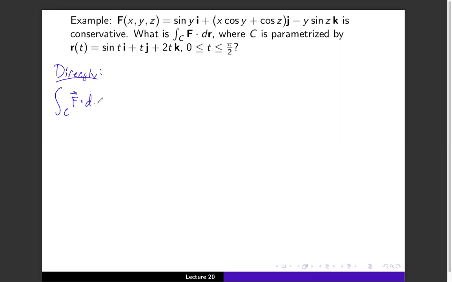F dot dr, after all, is the integral from, in this case, 0 to pi over 2 of f of r of t dotted with r prime of t dt, which in this case would come out to what?